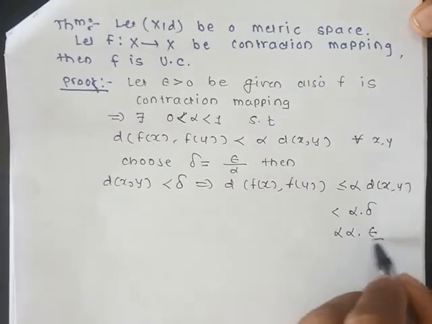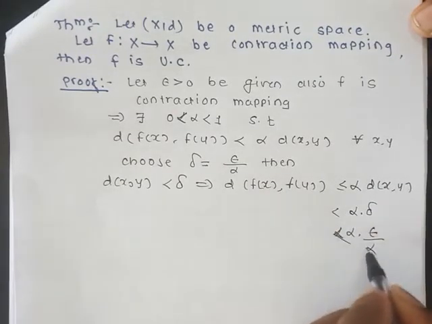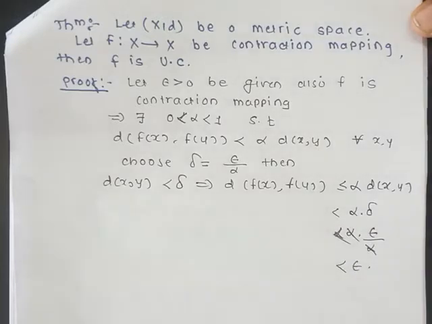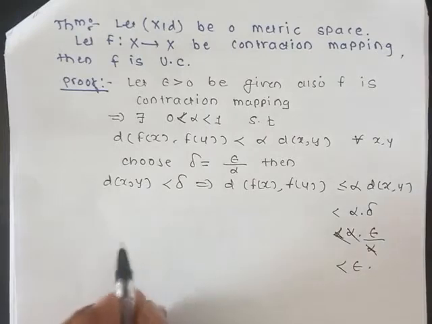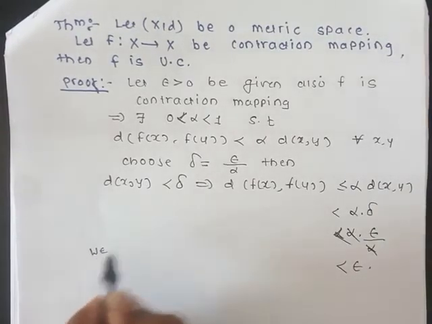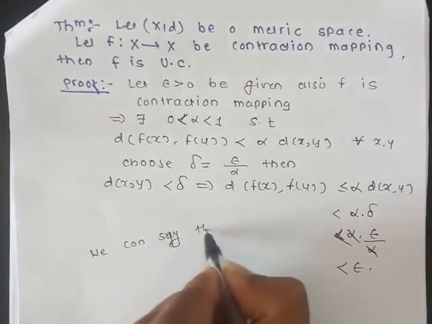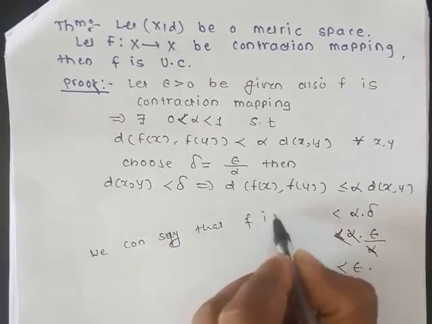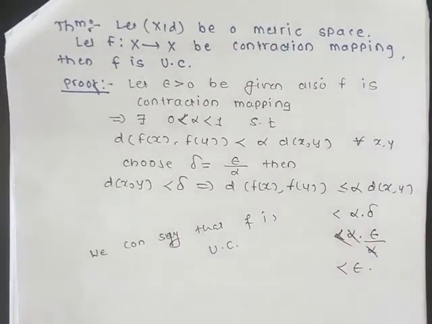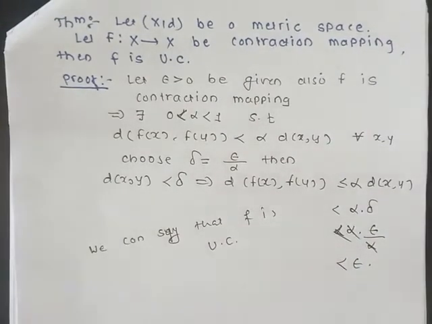Epsilon upon alpha times alpha, that is epsilon, so which is less than epsilon. So by choosing delta equal to epsilon upon alpha, we can say that f is uniformly continuous.